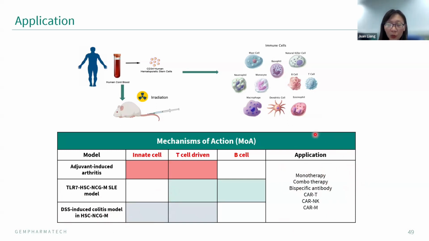So in this model, we can perform the monotherapy, combo therapy, and also the bispecific antibody efficacy study. And more importantly, since these mice are immunodeficient mice, we can also transplant therapeutic cells to these mice to evaluate the cell therapy efficacy for the autoimmune disease treatment.